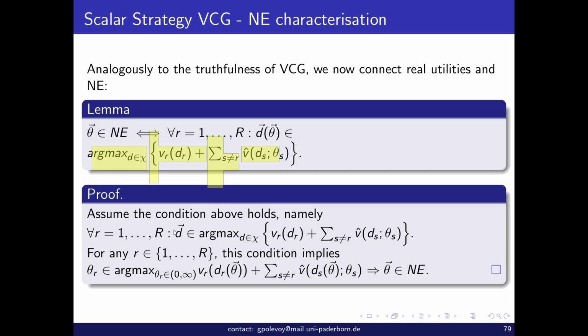So if D of theta is optimizing this expression, and again I need to fix it, let me fix that.